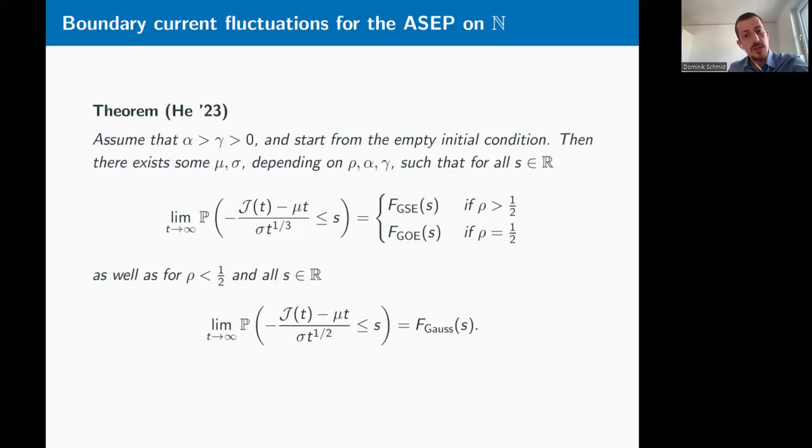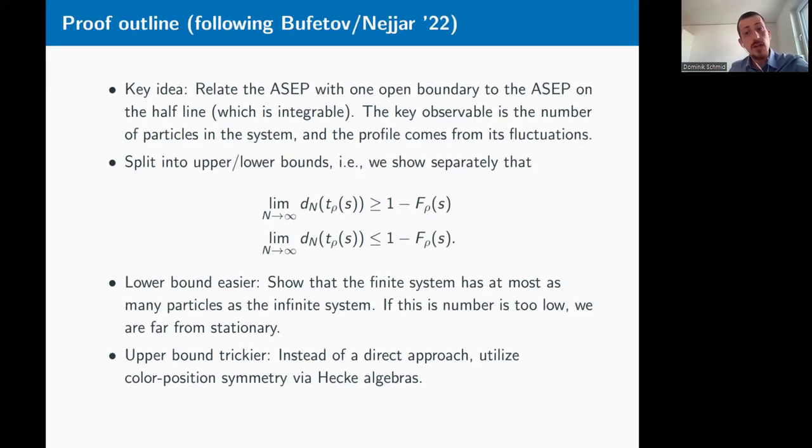So let me give you a rough outline of how we do that. This is for the case with one open boundary, and it's similar for the others. This technique was first given by Baik-Buffetov-Nejat. In this case, we split our proof into an upper and lower bound separately. We do not use some approximation as in the symmetric case, but we treat the two bounds separately.